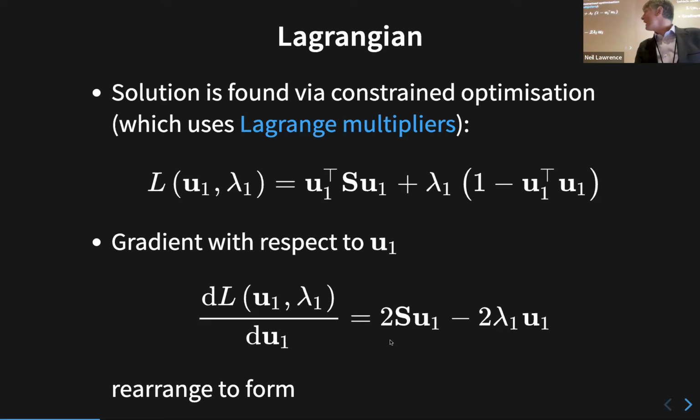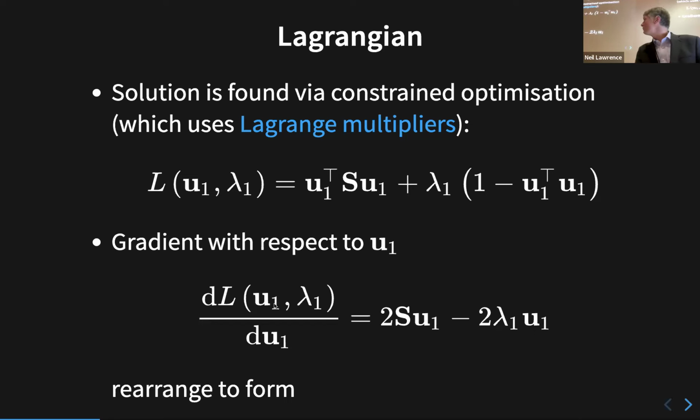And then if you solve that, you end up with this little equation here. That gives you the first eigenvector. If you look at this solution here, the solution is going to be that S u1 is equal to lambda 1 u1, which is the definition of an eigenvector. So the solutions are always eigenvectors.